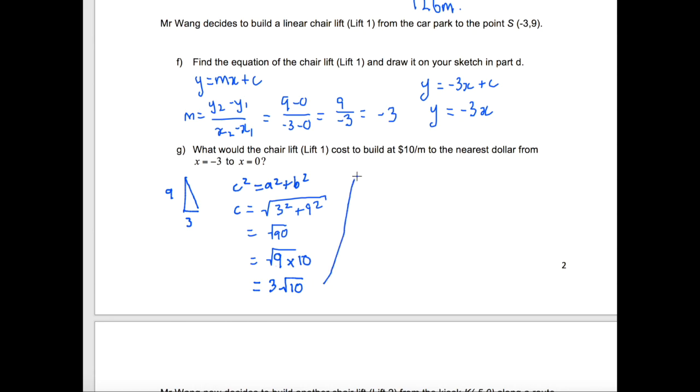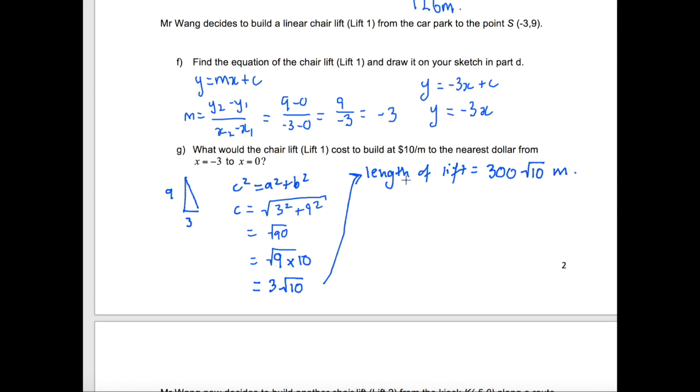So the length of the lift equals 300 root 10 meters, because we multiply 3 root 10 by 100. We keep everything in exact form until we have to round, so we keep it like that for now.